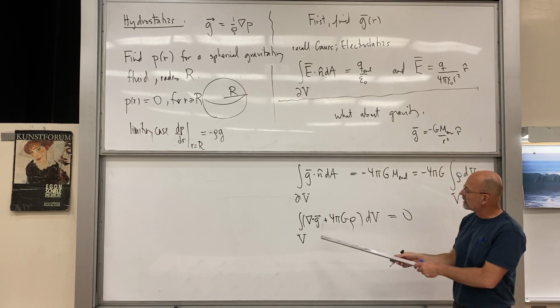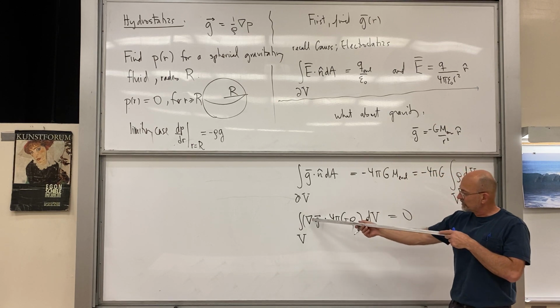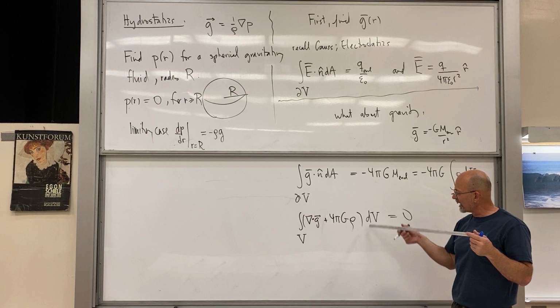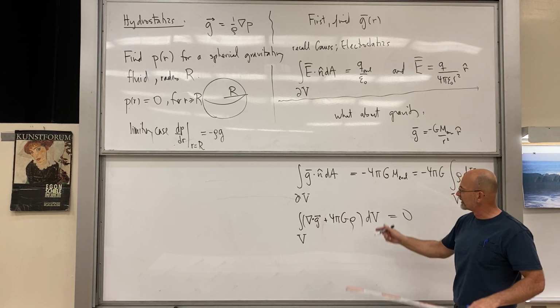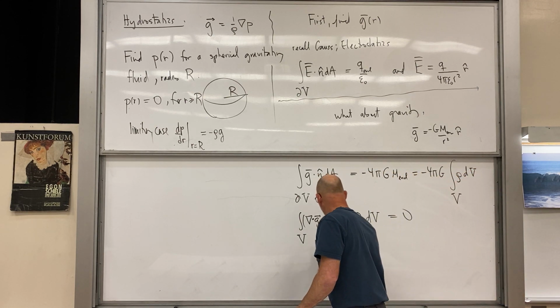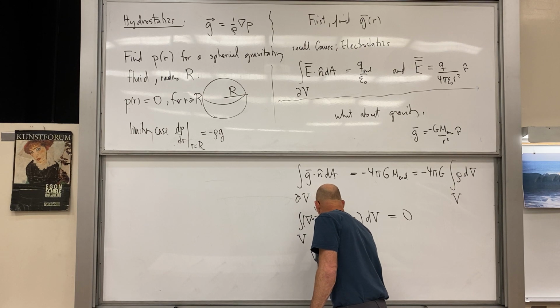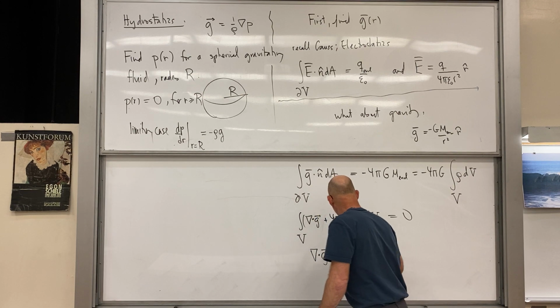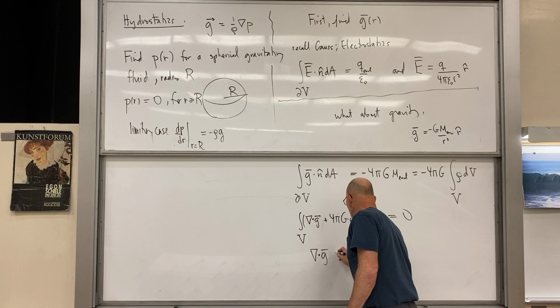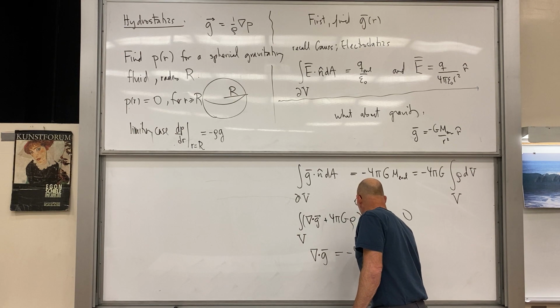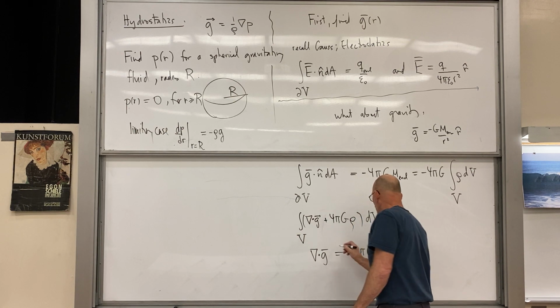And because this volume is chosen arbitrarily, we conclude that the integrand vanishes. So we have the divergence of g equals minus 4 pi G rho.